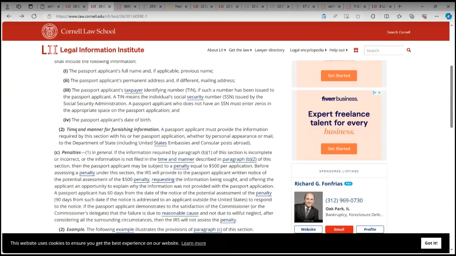Section 2, time and manner for furnishing information. A passport applicant must provide the information required by this section with his or her passport application, whether by personal appearance or by mail to the Department of State, including the United States embassies and passport.